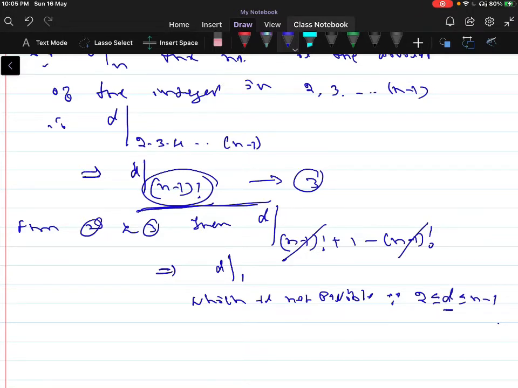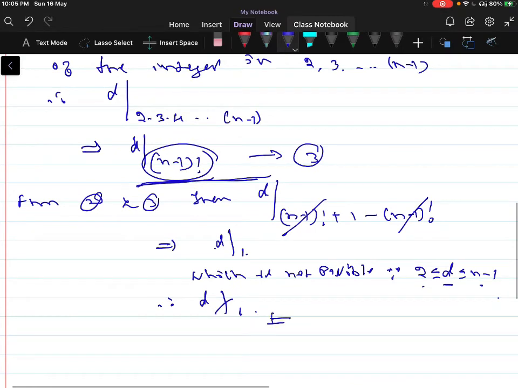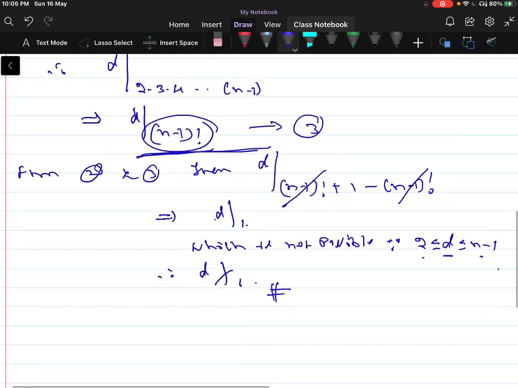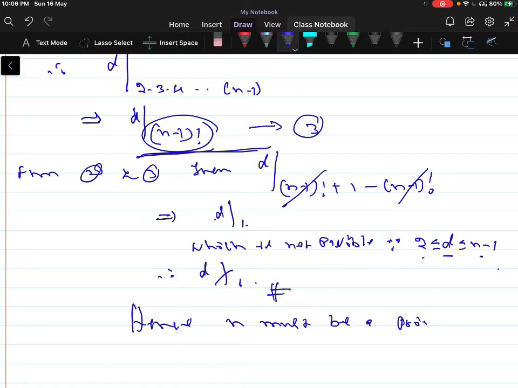So d lies between 2 and n minus 1, therefore d is greater than 1. So d does not divide 1, which is a contradiction. Hence n must be a prime. So this is the proof of the theorem.